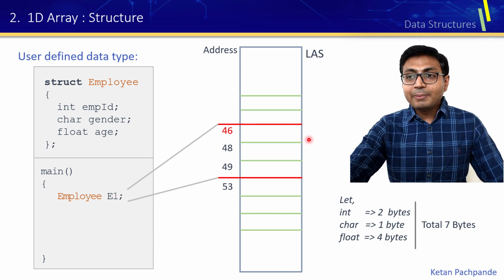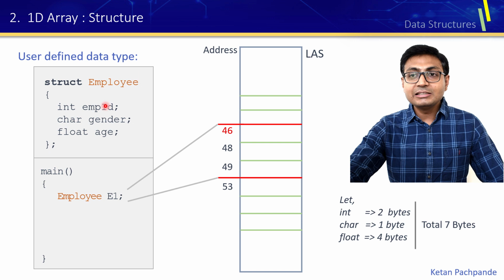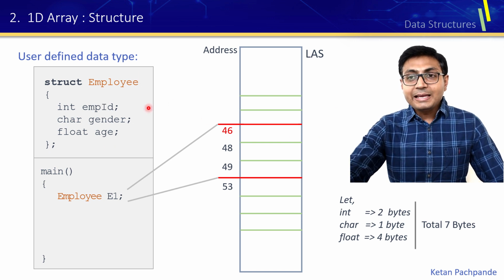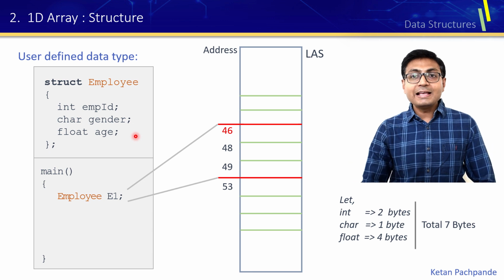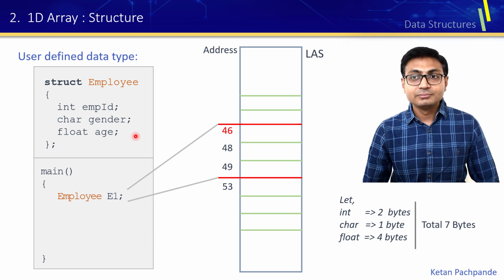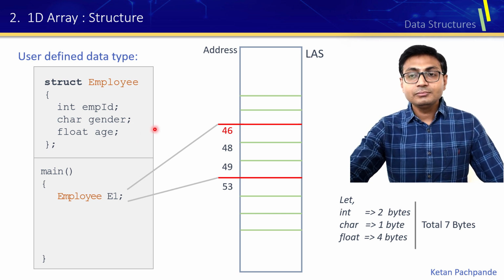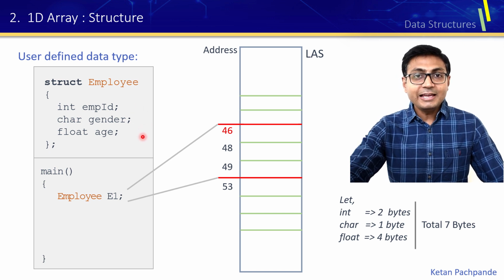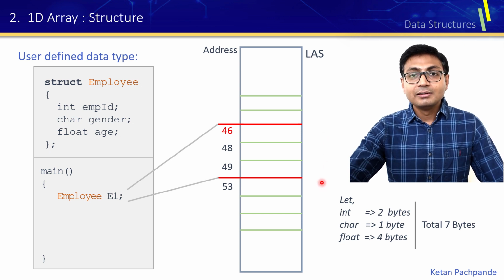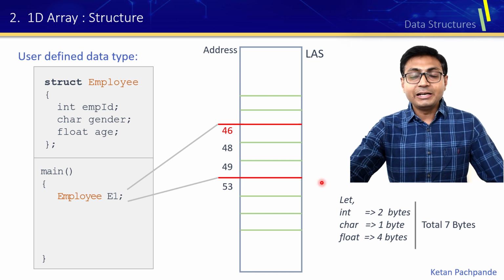Now, in these 7 bytes, what is the arrangement of these variables? It is in the same sequence in which the programmer has defined the structure: employee ID, then gender, and then age. So in the same sequence, the memory is going to be allocated within these 7 bytes.